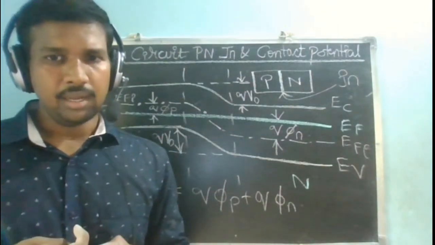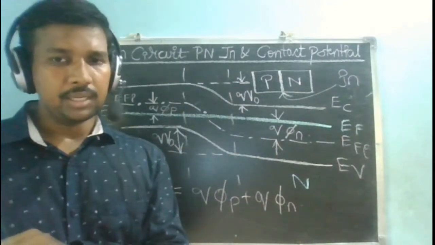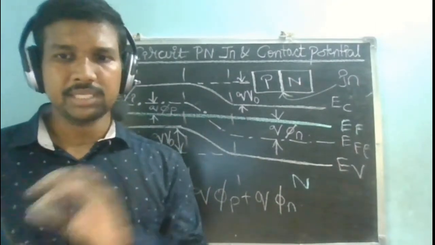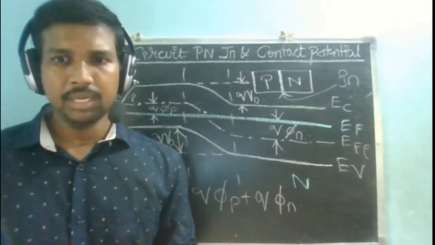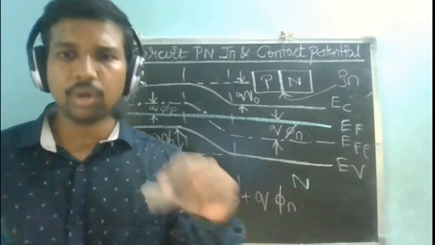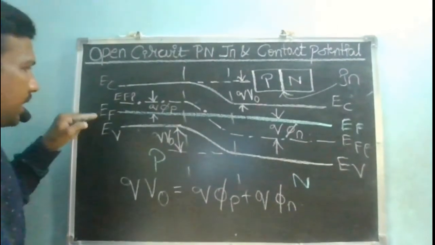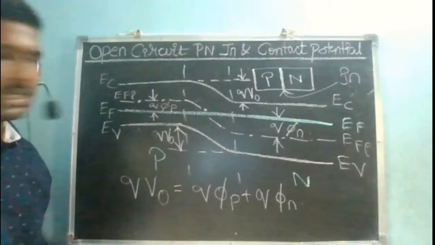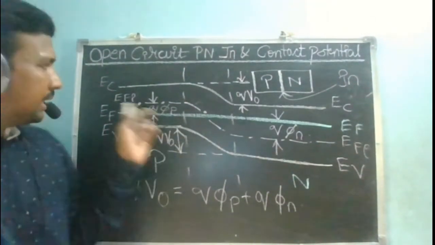The expression for EFi is such that if the effective mass of the electron and the effective mass of the hole are the same, then EFi is located in the middle of EC and EV. That is why I am representing my EFi in the middle of my EC and EV. EFi is not going to change, EF is going to change.